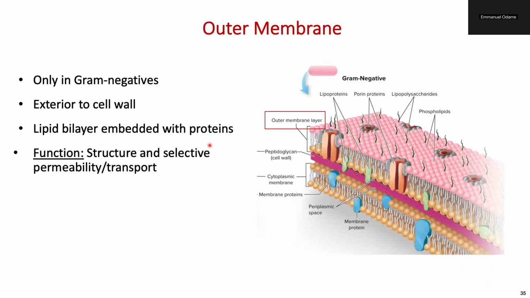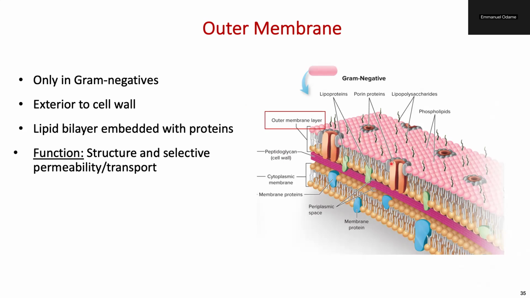So let's tackle the outer membrane first, only present in gram-negative bacteria. This outer membrane is exterior to the cell wall, as we can see from here. This is the cell wall, and then you have the outer membrane now present. Basically, it's just made up of a lipid bilayer embedded with a lot of proteins.